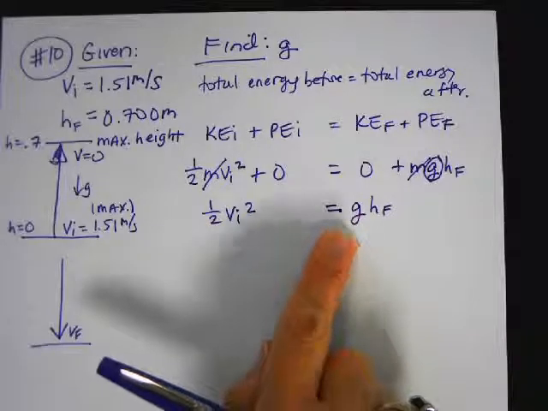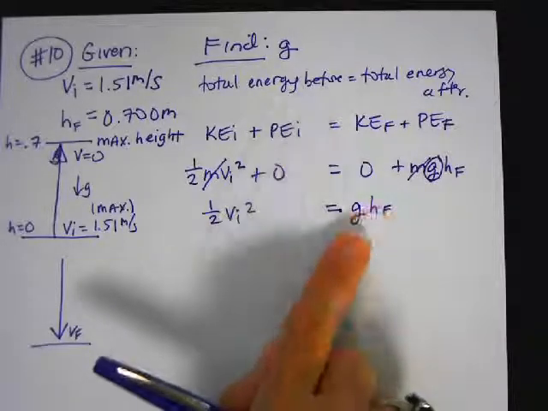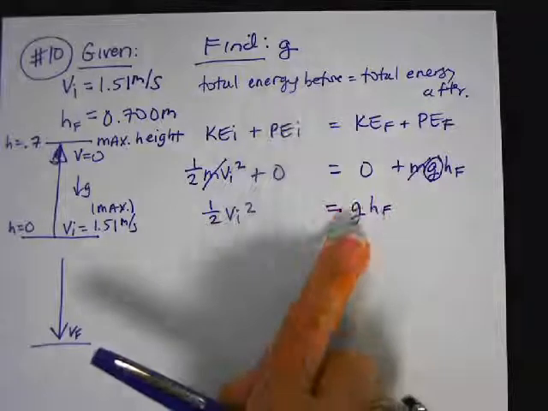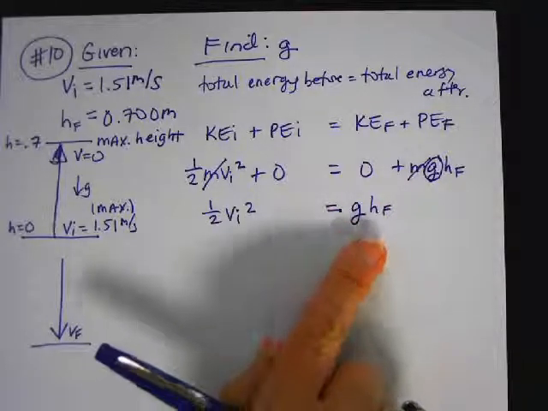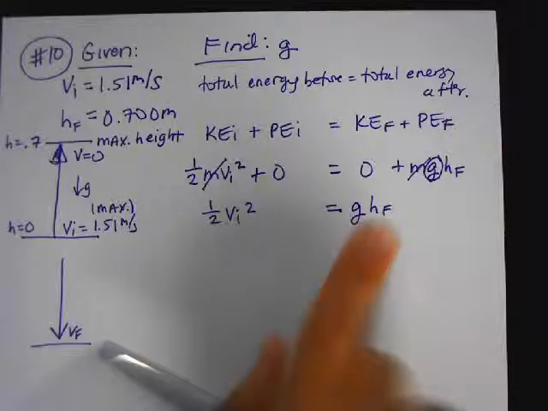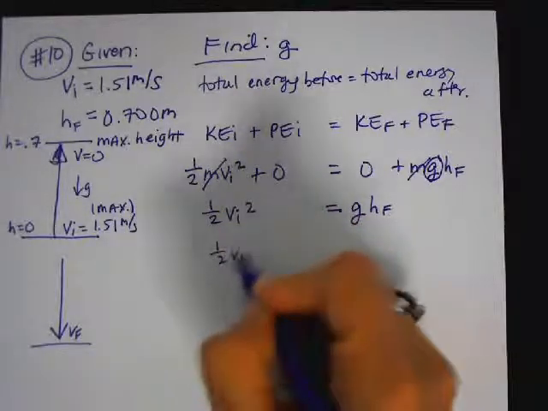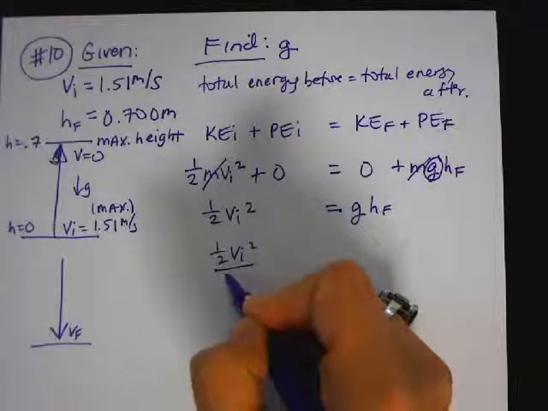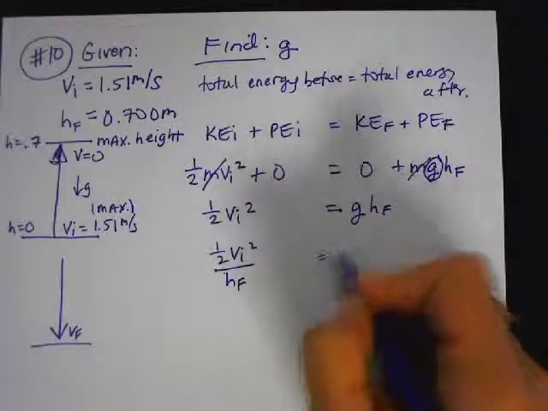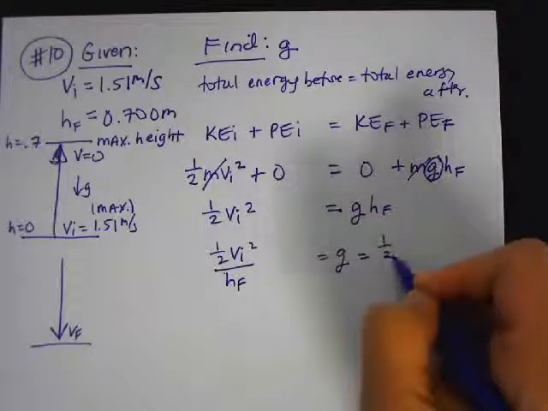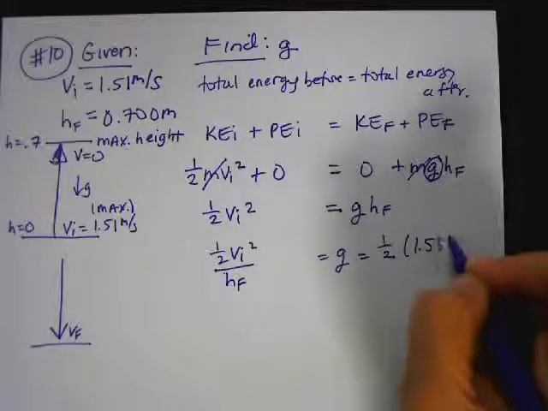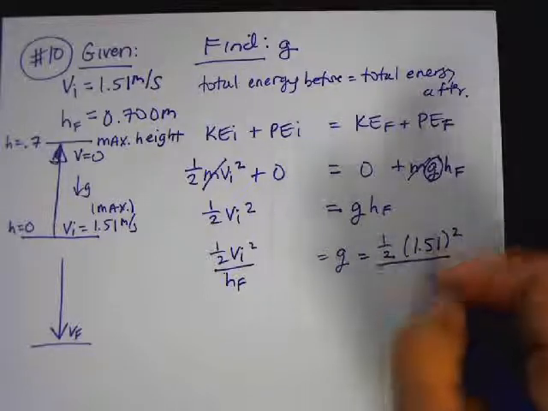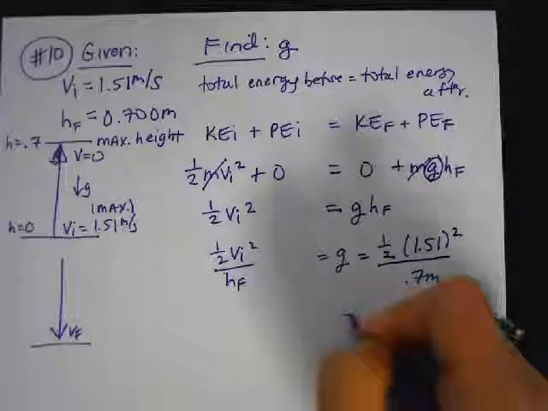Now, since I'm solving for g, I want to leave it in the numerator on one side of the equal sign all by itself without any negatives or anything. So now I'm going to divide both sides by HF. So 1/2 VI squared divided by HF is equal to g. So it's 1/2 VI, which is 1.51 squared over 0.7.